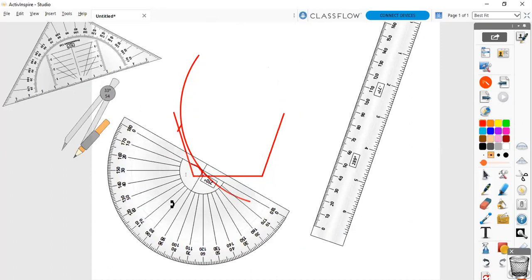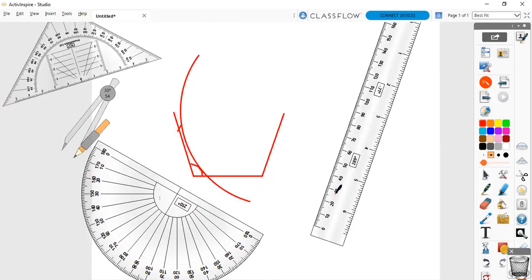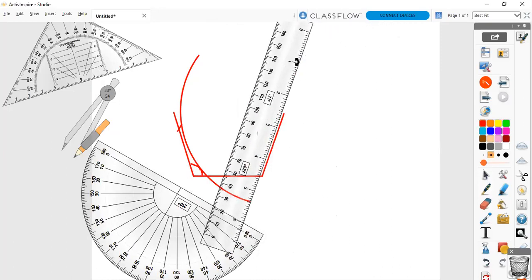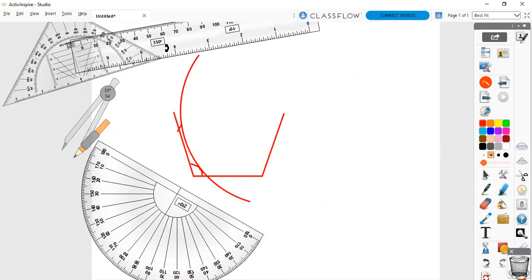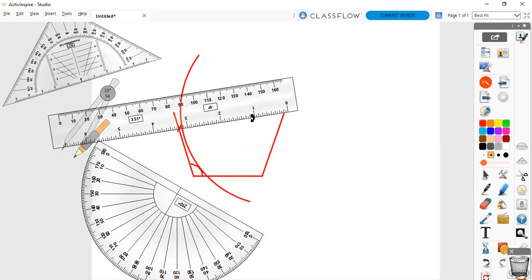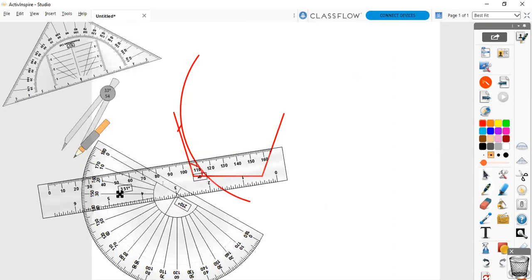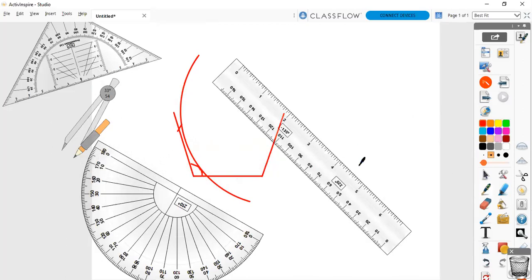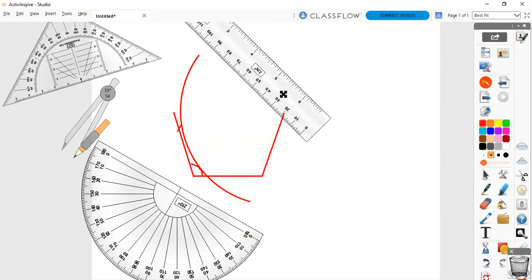Now again use this ruler in such a way that it will have 50 mm from this point.